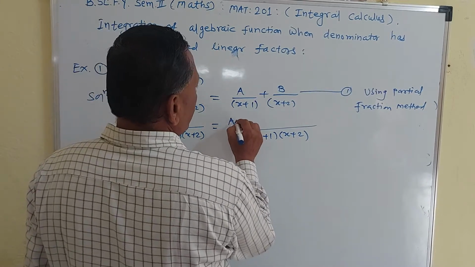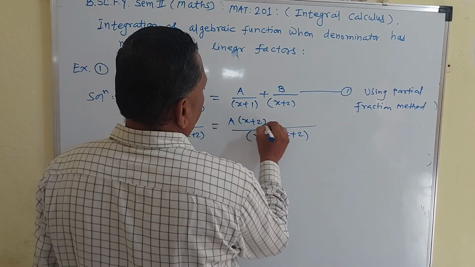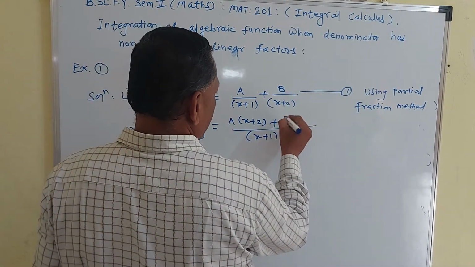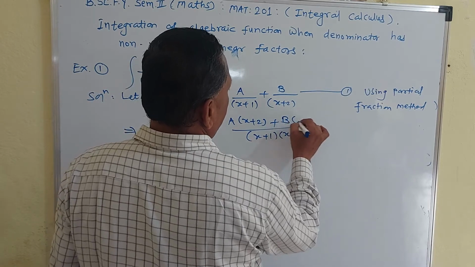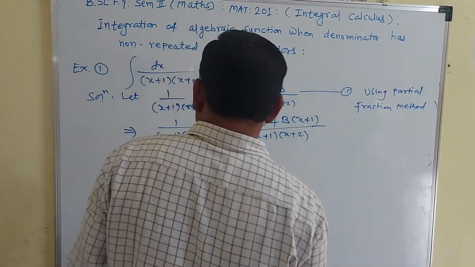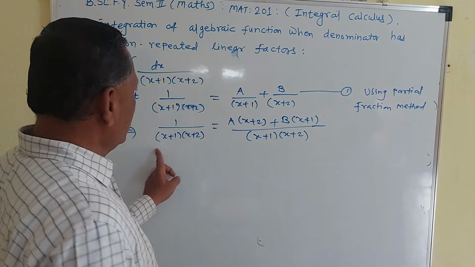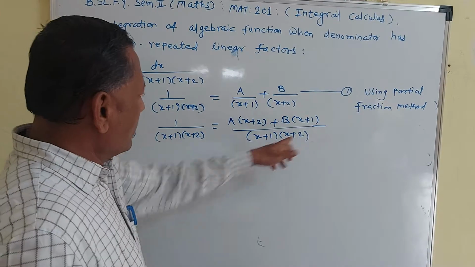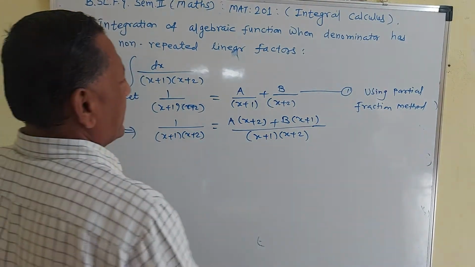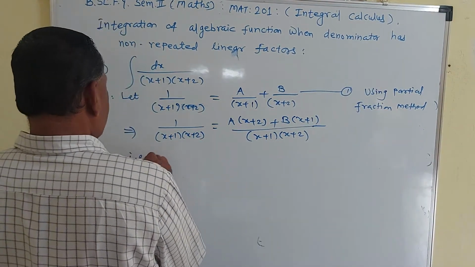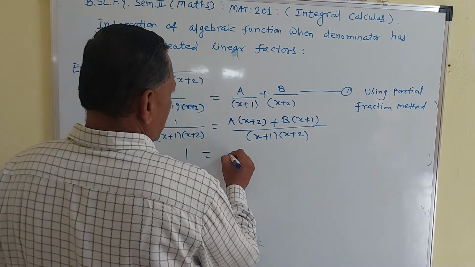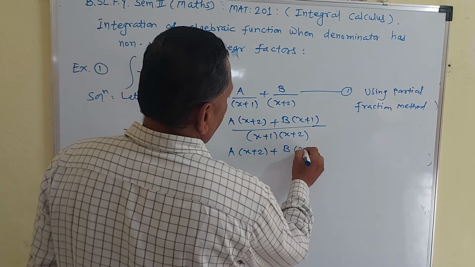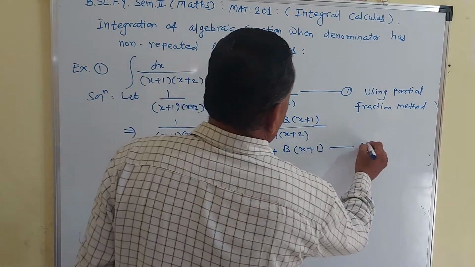Therefore, A into (x plus 2), plus, x plus 2 cancels, x plus 1 remains, so you get B into (x plus 1). Now you observe that on the left side (x plus 1)(x plus 2) is there, and on the right side also, therefore the two factors cancel. So this can be written as 1 is equal to A into (x plus 2) plus B into (x plus 1). Number 2.